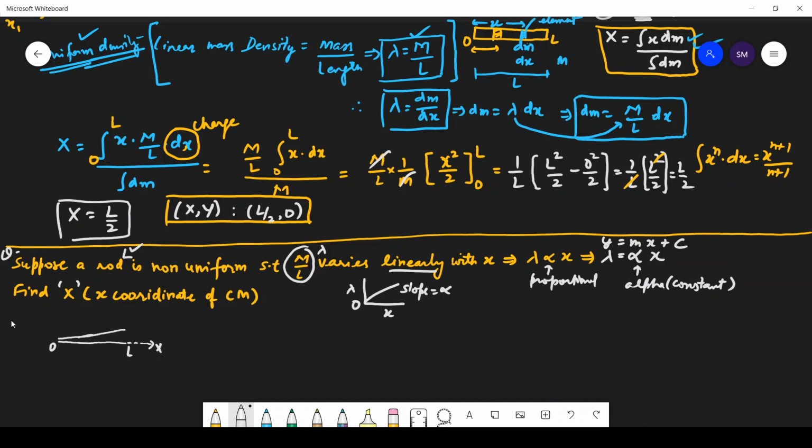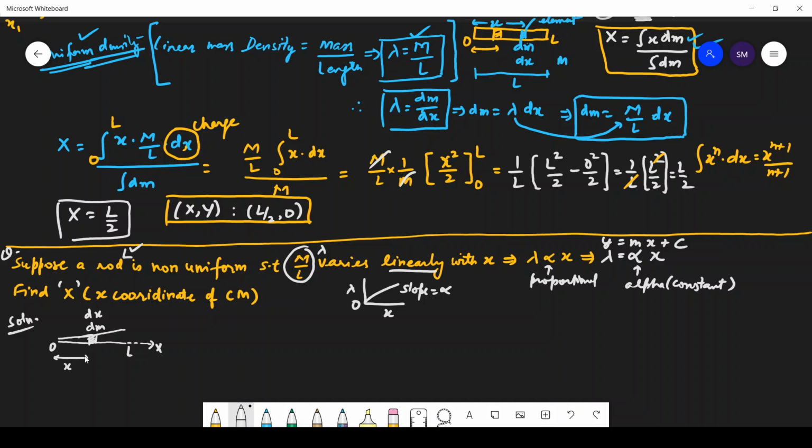So if we visualize this question, this rod, the mass per unit length is not constant but proportional to x, where x is the position. If I take this particular mass, then x is the position of this mass from the center, its mass is of course dm, and dx is the length.